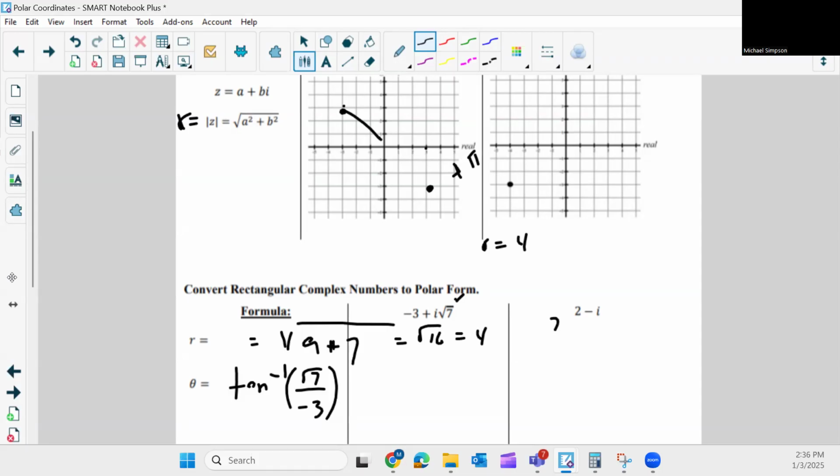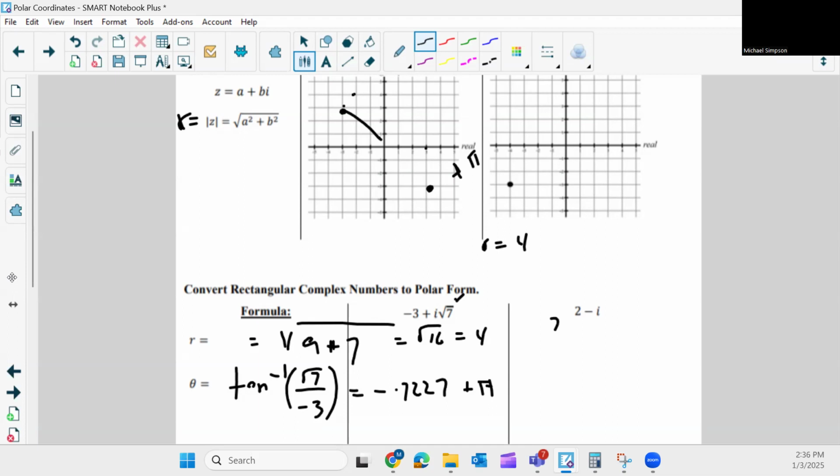That gives me negative 0.7227. And then I'm going to add pi to it because the angle I'm looking for is in this second quadrant.